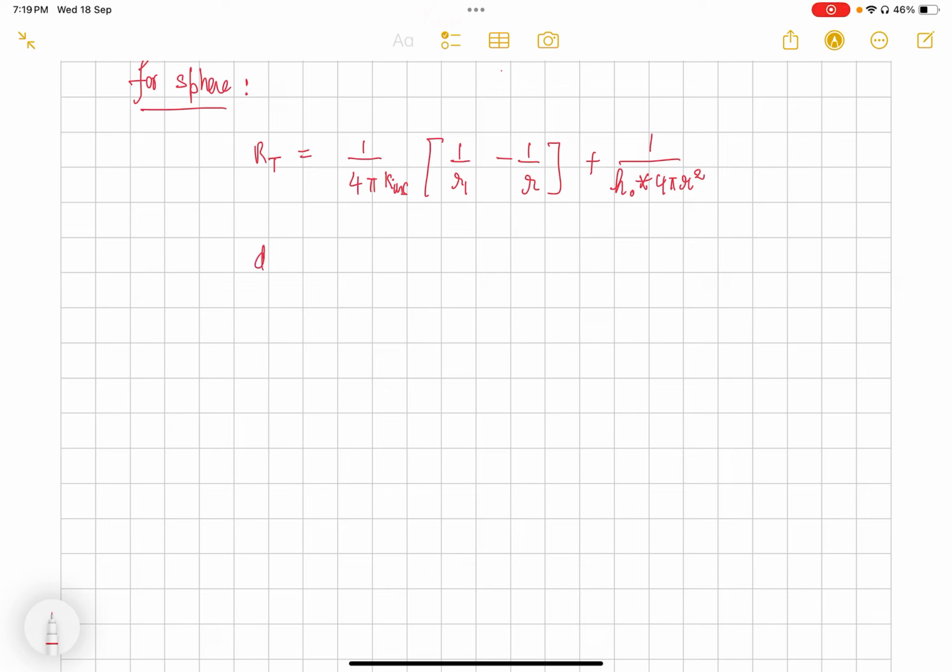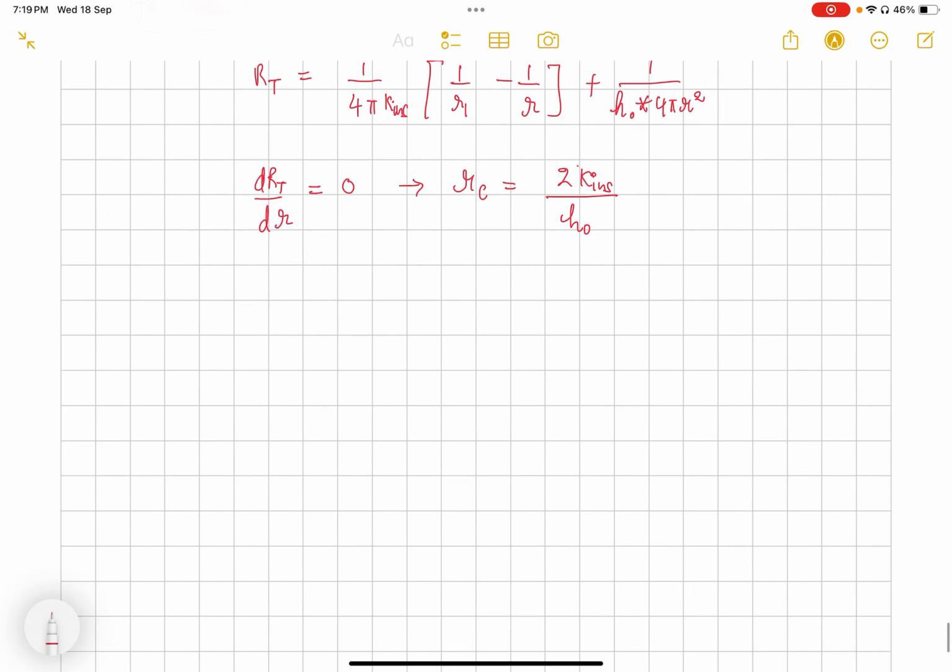Again, if you differentiate and put it to 0, you will get the critical radius as 2 times K insulation by h naught. This is the critical radius of insulation.